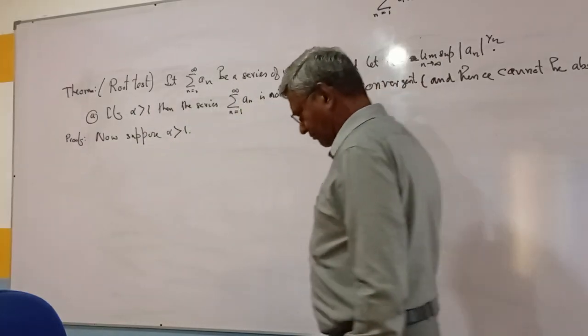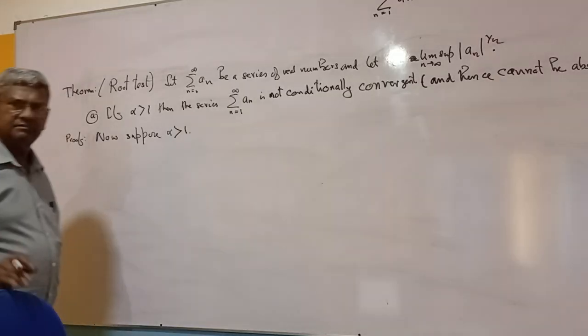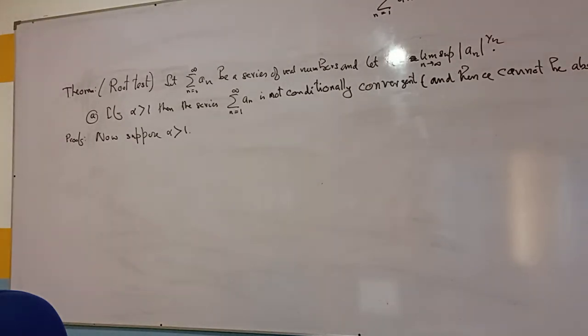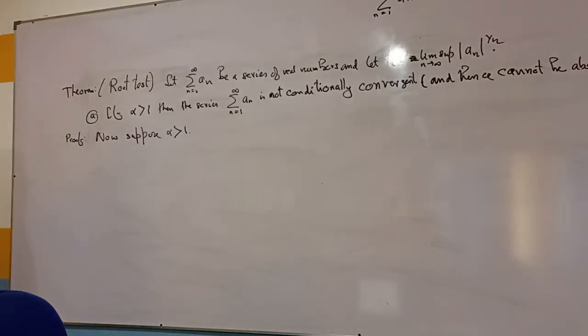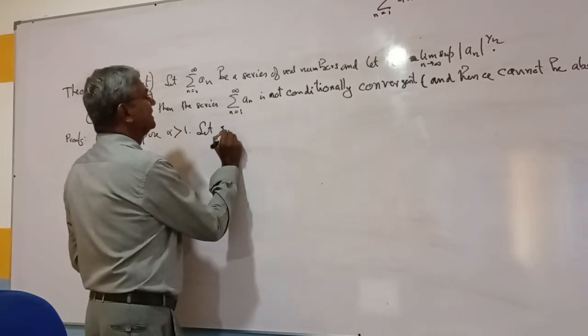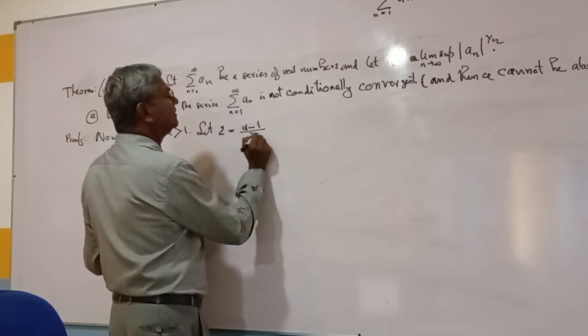Now how does the proof go? Let epsilon equal alpha minus 1 divided by 2.